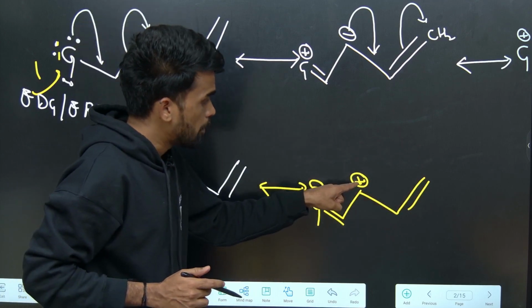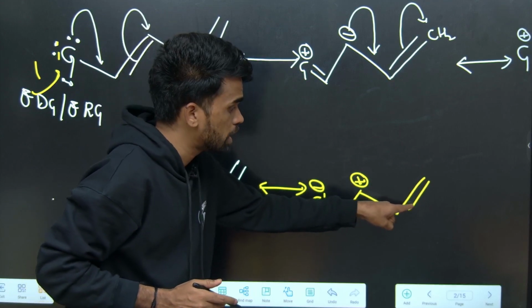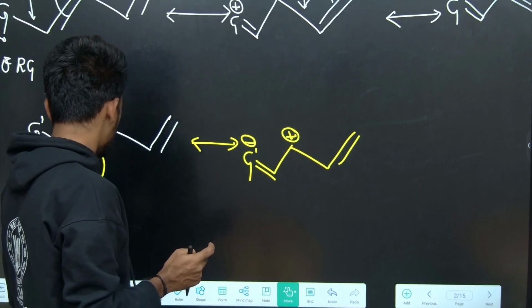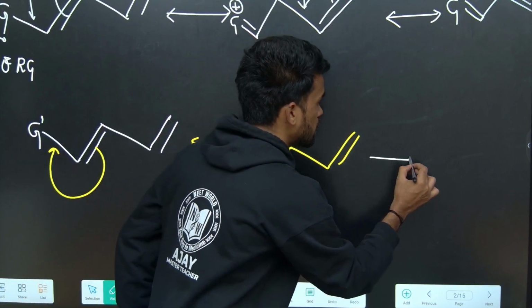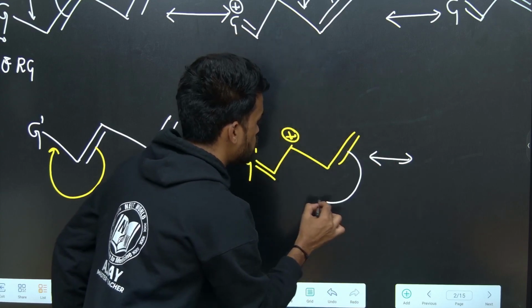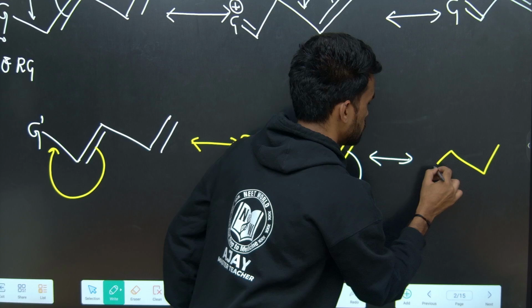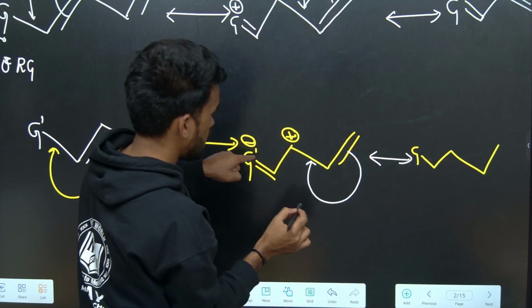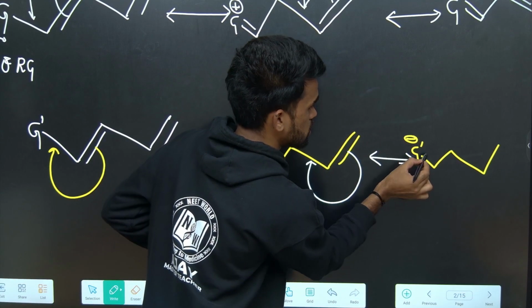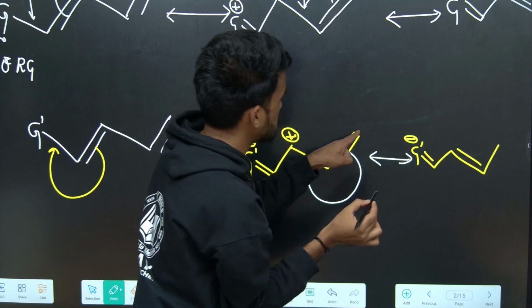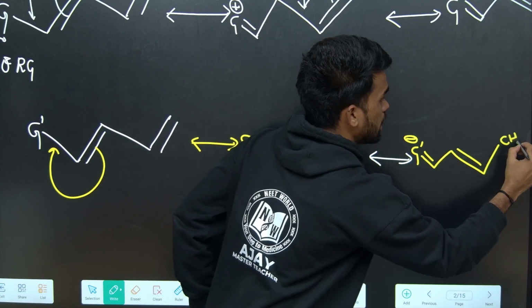Now this cation is in conjugative position with these pi electrons. Cation pi electron conjugation takes place to give this species. See, now this bond can move over here. Already we have a negative charge on this G dash, so I am writing like this, and this will be shifting over here, and now this CH2 group will be getting a positive charge.